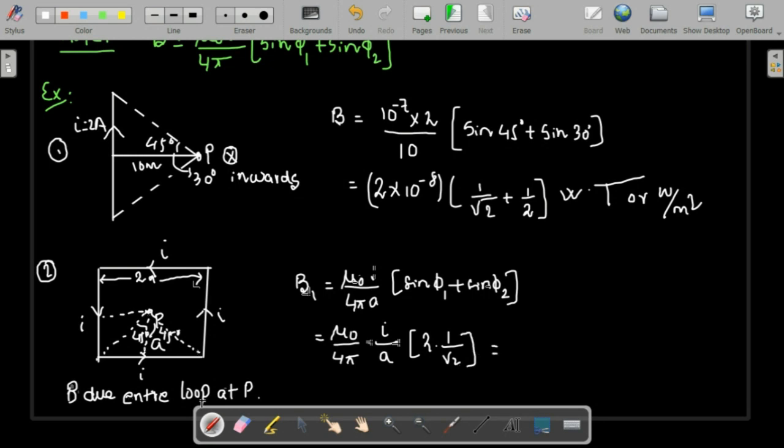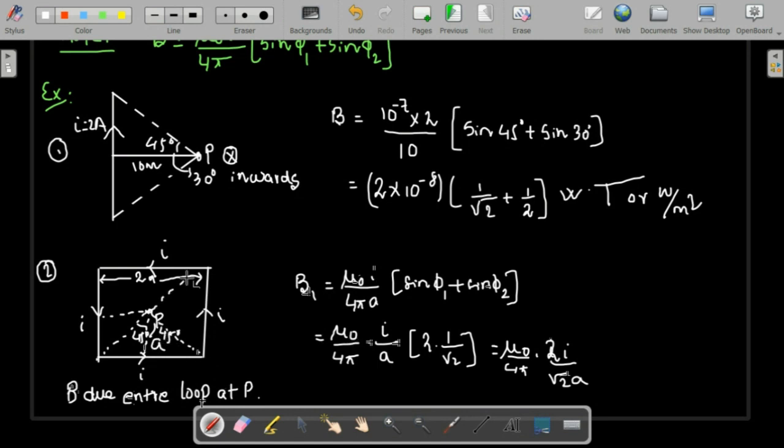So I can simply write it as mu naught divided by 4 pi into 2I divided by root 2 A. I'm not rationalizing right now. So this is the magnetic field because of this side.